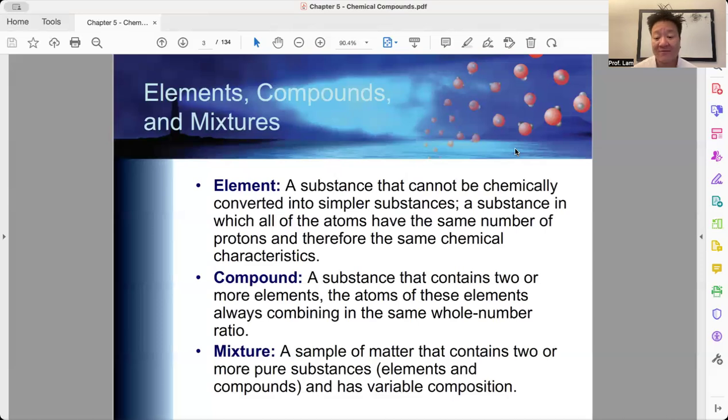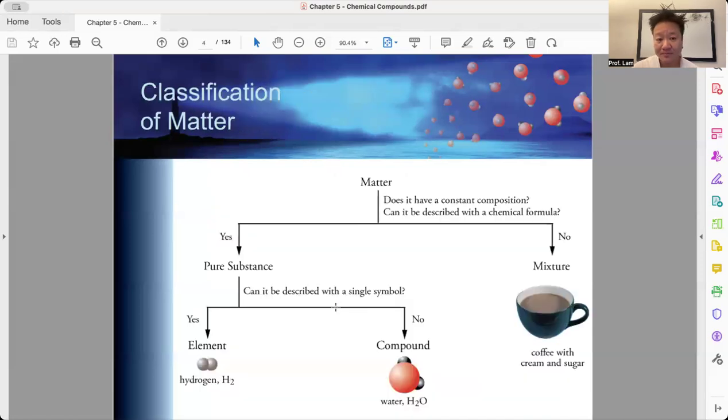It will always have a variable composition, because you can mix things in different amounts. So for example, I could have less salty water if I have more water and less salt, or I could have saltier water where I would have an increased component of salt compared to water. So it can have variable composition.